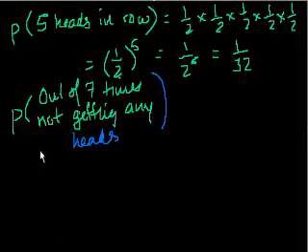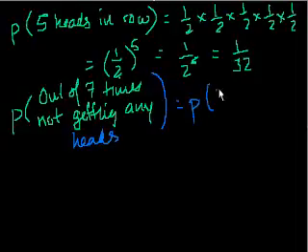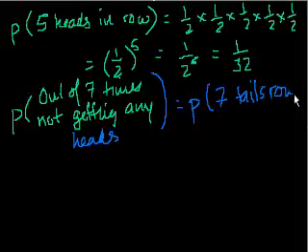Well, that might seem a little bit more convoluted to you, but just think about it. The probability of, out of the 7 flips, not getting any heads, what has to be true then? We got all tails. That's equal to the probability of getting 7 tails in a row.